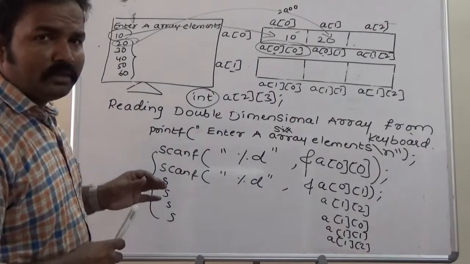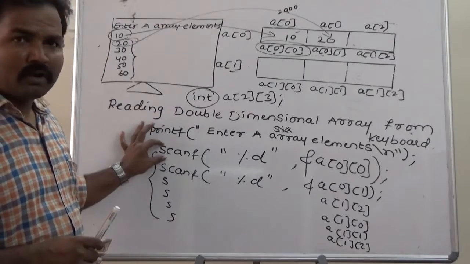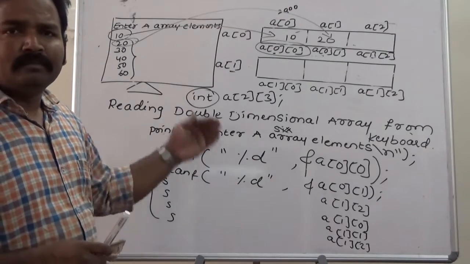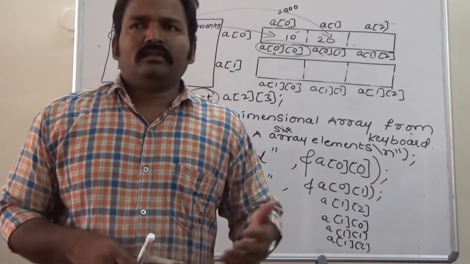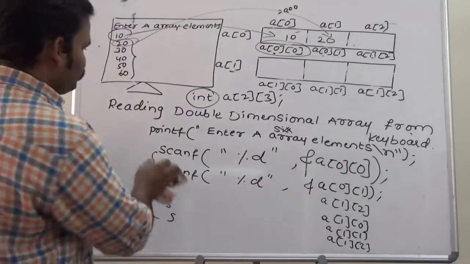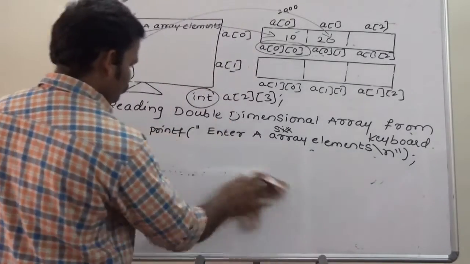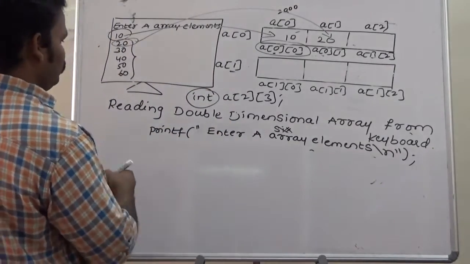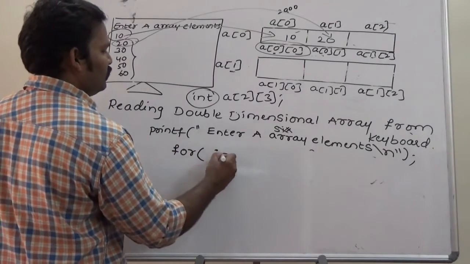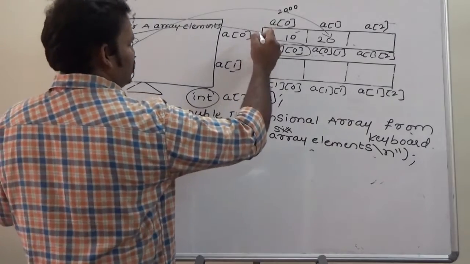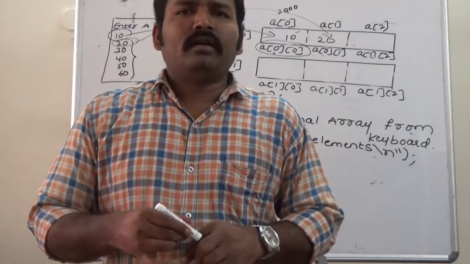Using a for loop, we can execute a block of statements repeatedly, the required number of times, until the given condition is met. For the for loop, here I am using i.